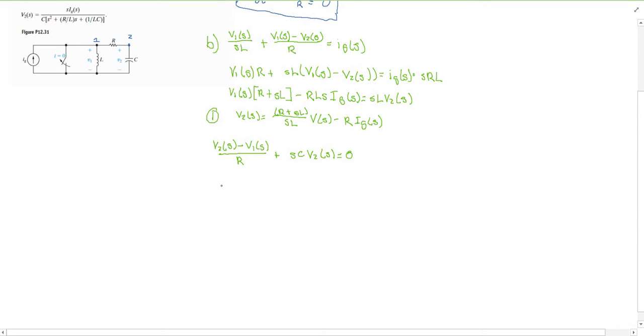Again, isolate variables: (1 over R plus sC) V2(s), and then pass this over like so. This time we're going to solve this specific equation for V1. I'm going to explain why we're doing it like this. So this is how you get your second equation.